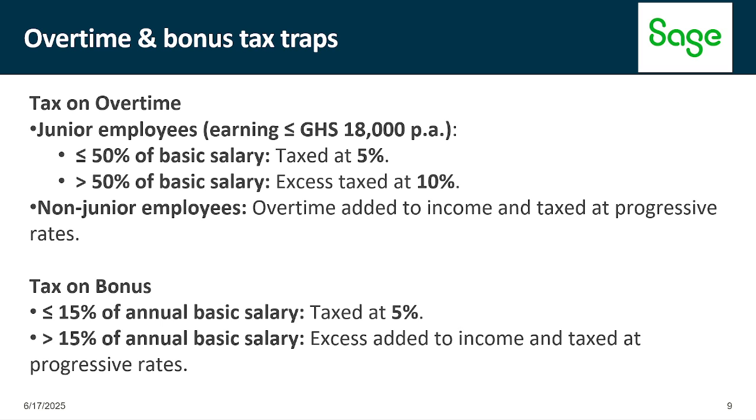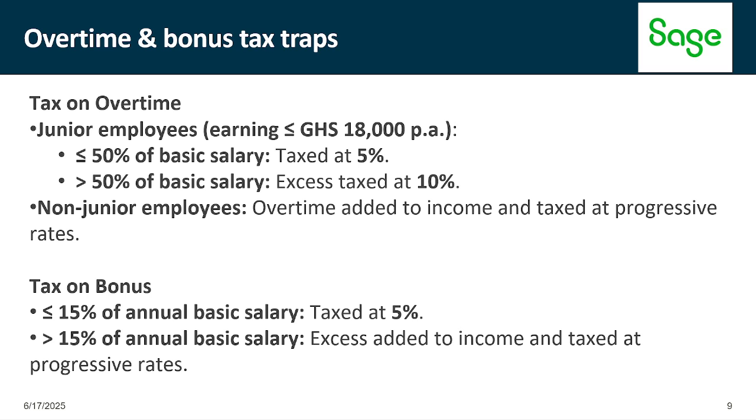Junior employees are those whose earnings are less than or equal to 18,000 per year, so basically 1,500 per month. If you take all your annual earnings from January to December and your total is less than or equal to 18,000 Ghana cedis, then you are classified as a junior employee. And for junior employees, the way overtime is taxed is different from those that are not junior employees.